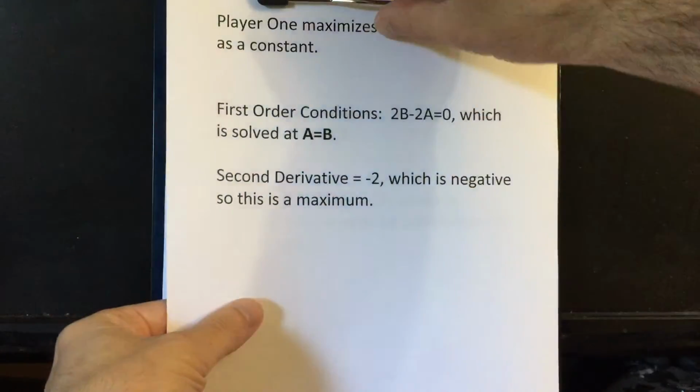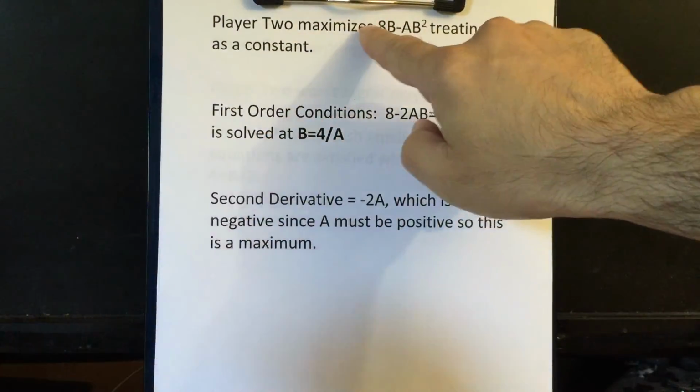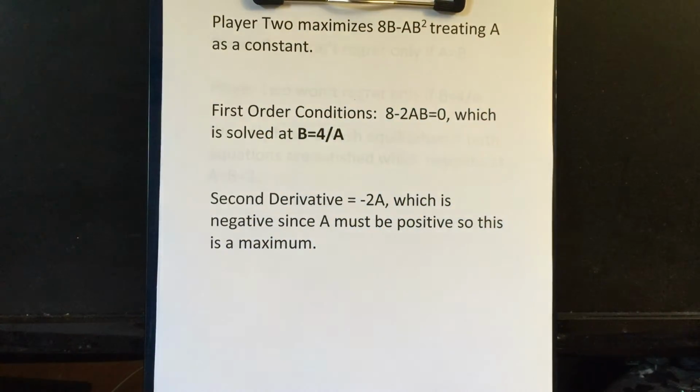All right, now let's turn to player 2. Player 2 will maximize his payoff, but now player 2 will treat A as a constant.